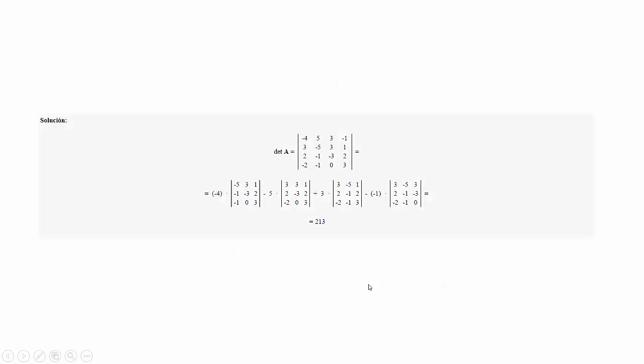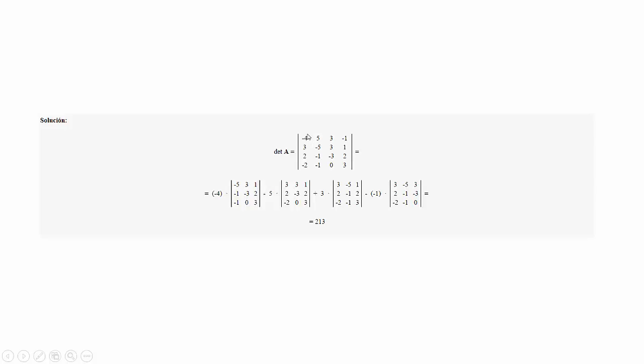So by the cofactor method, we have the same determinant. What we have to do is get a number of any row or any column, and take this row.